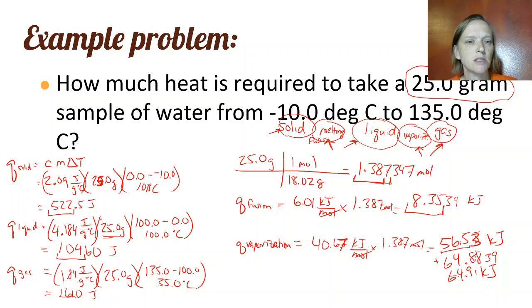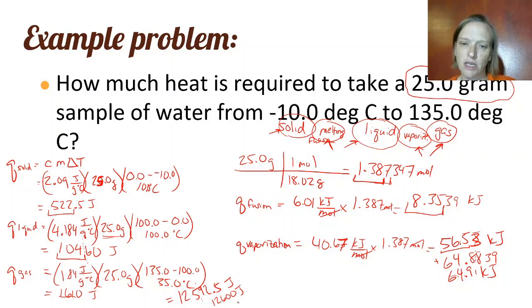And then for these 3 values, if I add up those 3 values, again, when I add those together, I can't go further than the hundreds place because this value is only accurate to the hundreds place. So when I add those values together, the calculator tells me that the sum is 12,592.5 joules, but I have to round off at the hundreds place, so I'm going to have 12,600 joules.